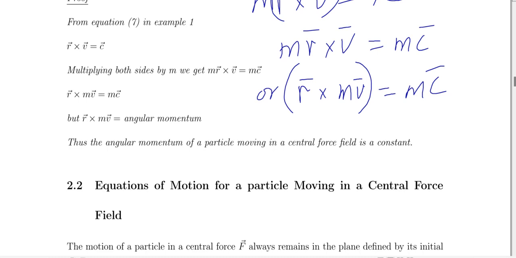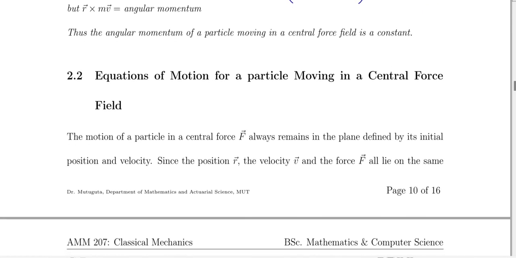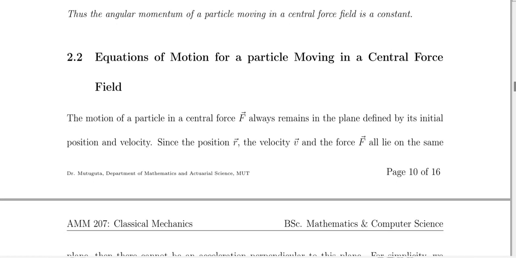Now, let's look at the equations of motion for a particle moving in a central force field. I'll skip some of the derivations, and then we shall go to the main equations, and see how to apply the equations to obtain the law of force.